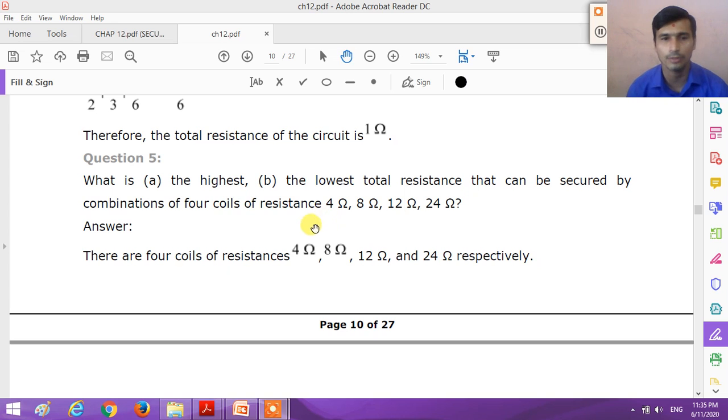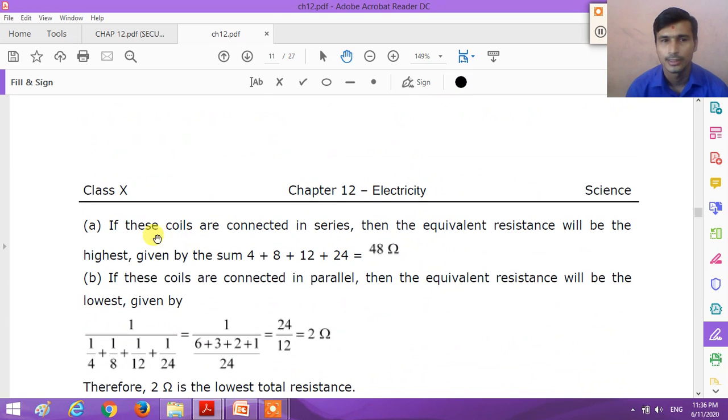So when all the 4 coils of resistance 4 ohm, 8 ohm, 12 ohm and 24 ohm are connected in a series combination, the equivalent resistance will be the highest, and it is obtained by the sum of each resistance. So the equivalent resistance we obtain is 48 ohm.